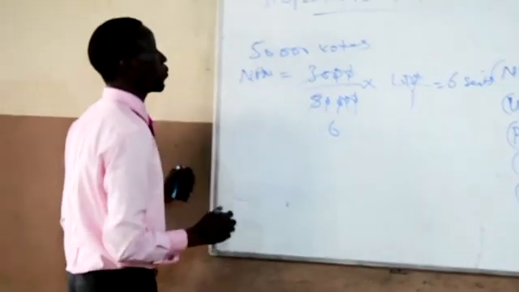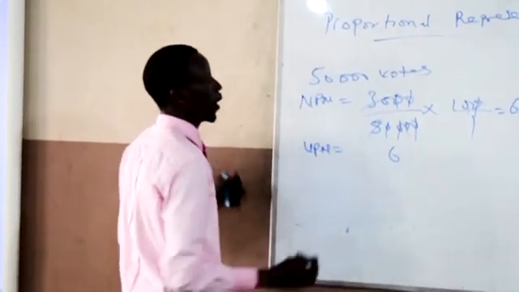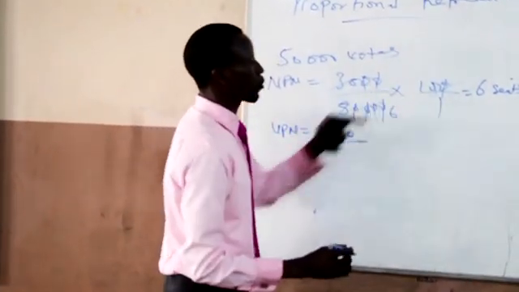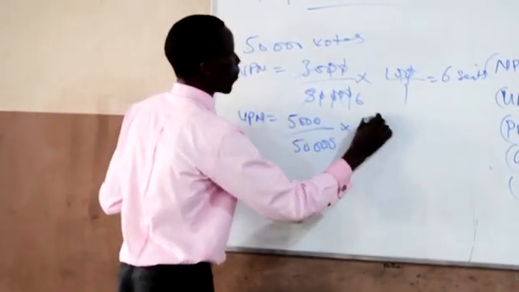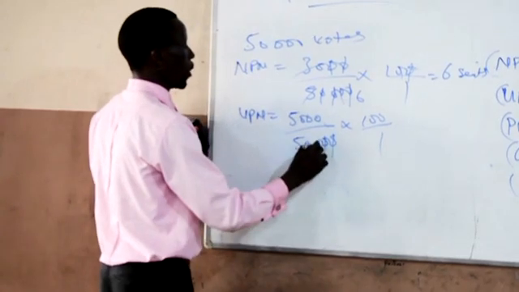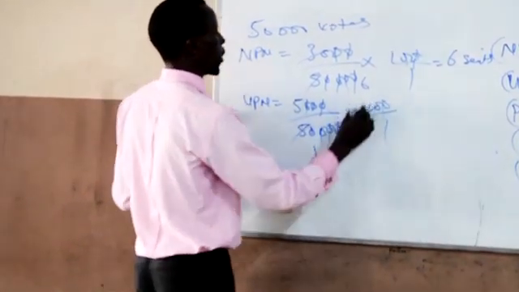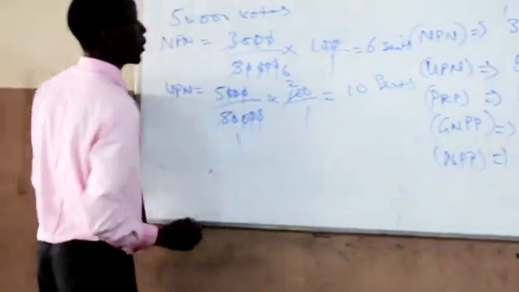Then we take the second one, the UPN. The UPN has 5,000 votes divided by the total number of votes, which was 50,000, multiplied by 100 over 1. This cancels out this, and you have 10 seats allocated to this party.